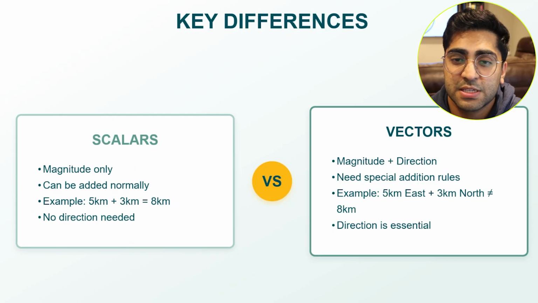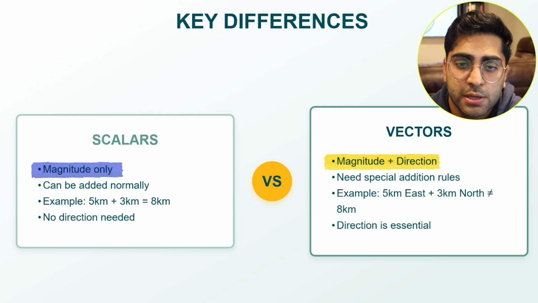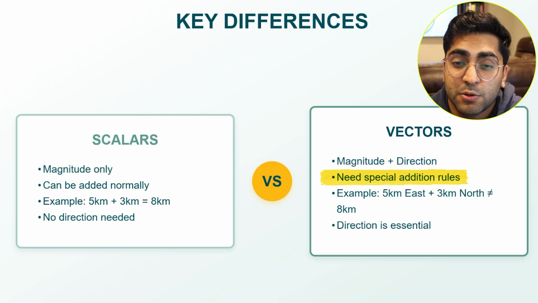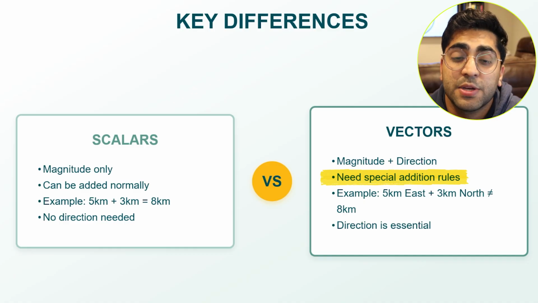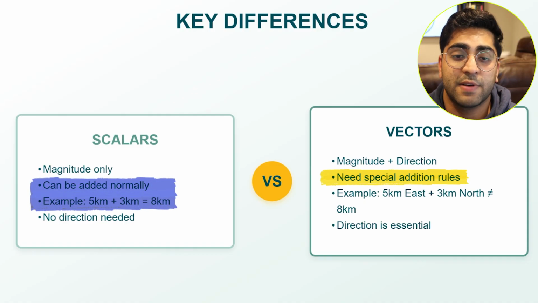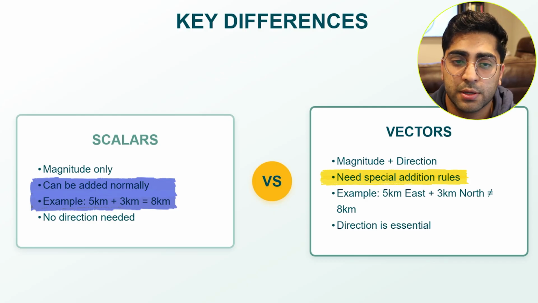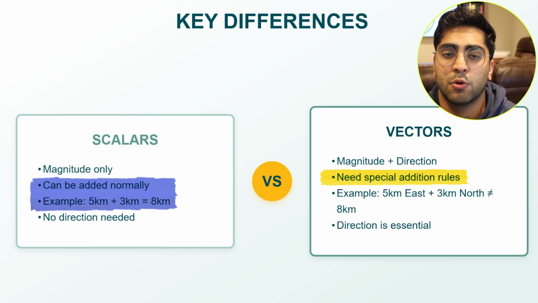So, key differences between vector and scalar quantities: vectors have magnitude and direction, and scalars have magnitude only, whereas vector quantities also have associated addition rules. If you're trying to add certain quantities together, you can't simply do that for vector quantities, but you can for scalar quantities. For example, if you've walked a distance of 5 kilometers, and then another 3 kilometers, you've walked a total distance of 8 kilometers.